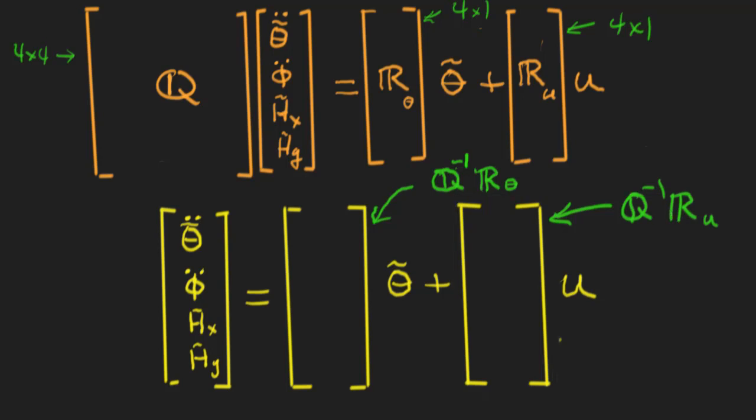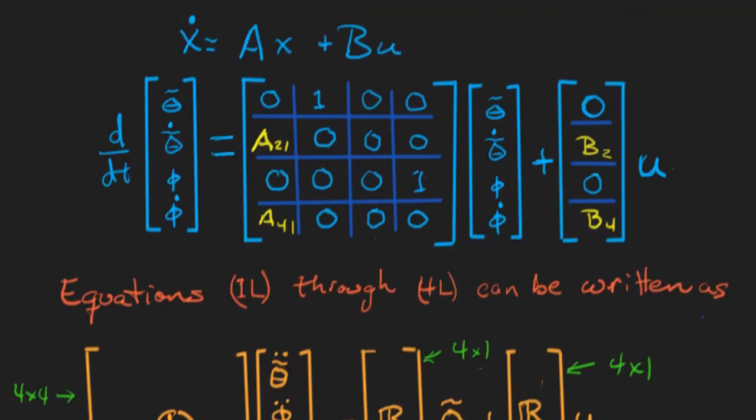And when we do it, guess what? The element right here, that's going to be the A21 that we were looking for. And the element right below it, that's going to be the A41. This is the A21 and the A41 that goes into the A matrix of our system of linear equations.